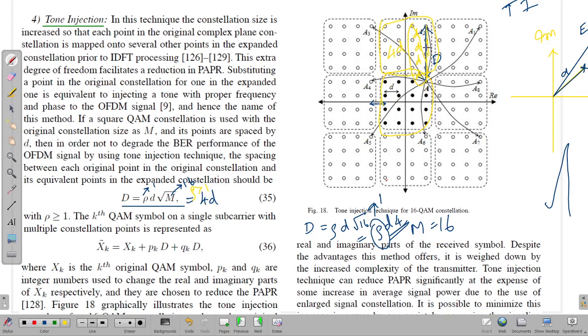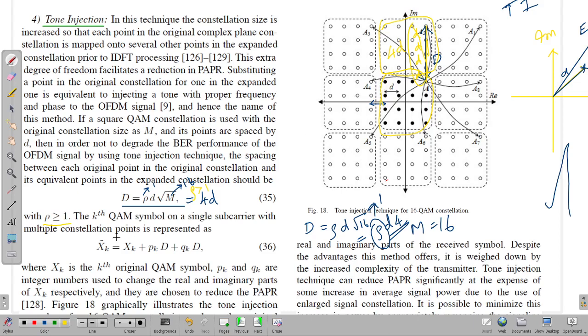The constellation points will extend further outside, and as a result you have a lower bit error rate. So rho is taken as a value greater than or equal to 1.